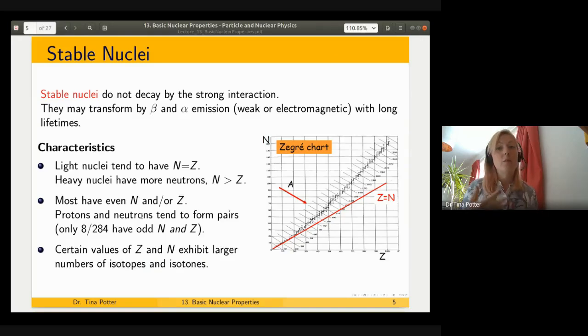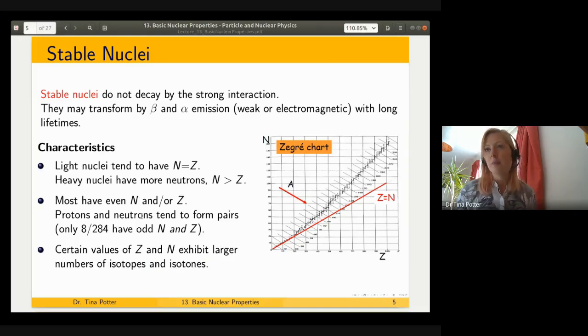But stable nuclei can be considered those that decay via either the electromagnetic or the weak decay, so via beta emission, alpha emission, or photon emission as well. And this can happen over much longer lifetimes. We're still talking about very tiny fractions of seconds, but they are considered stable.